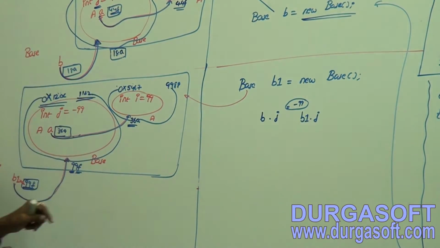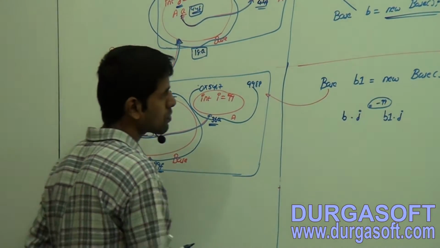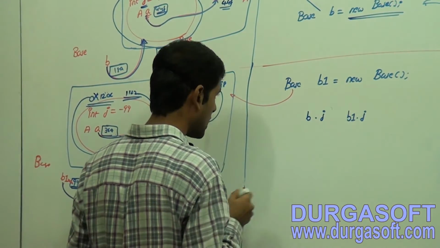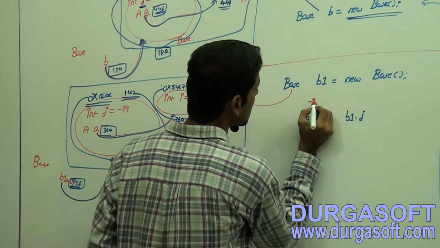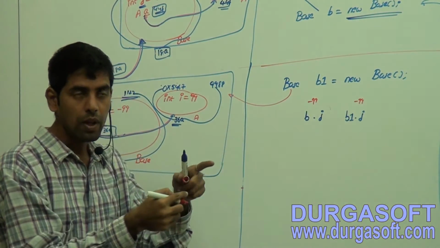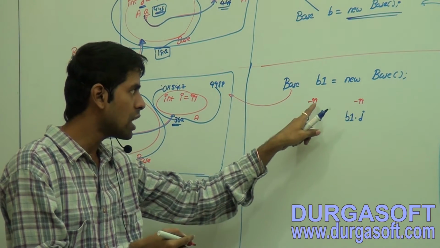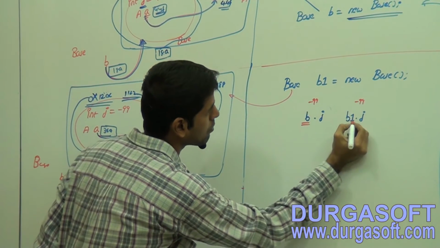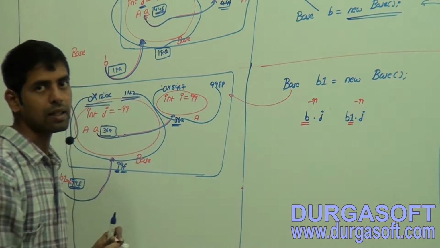These values are what J is referring to internally. The JVM will consider these values only, but by using b and b1 you are accessing them.